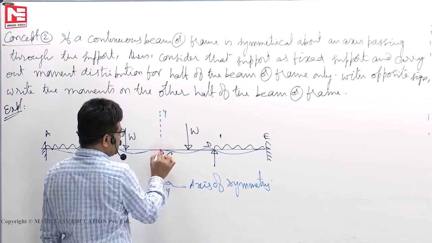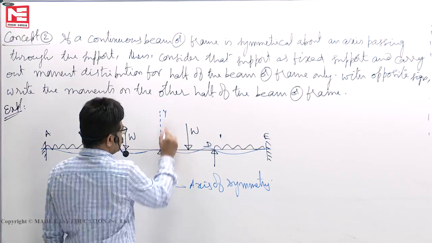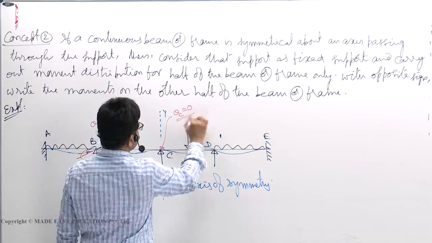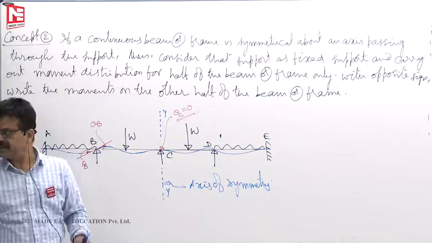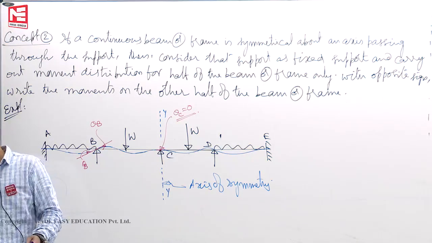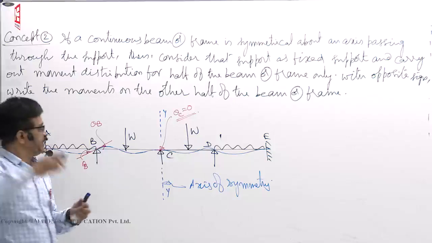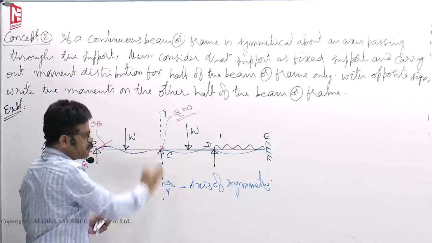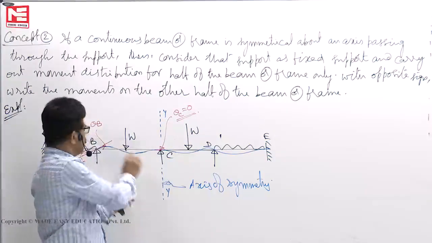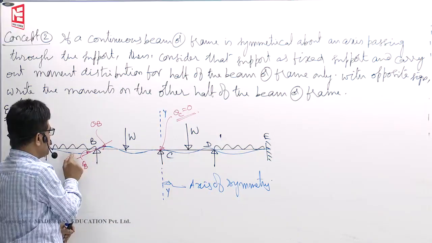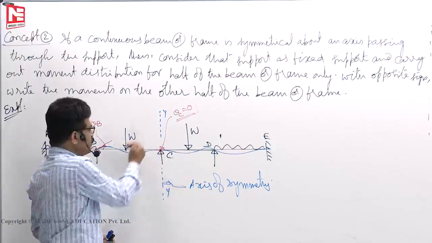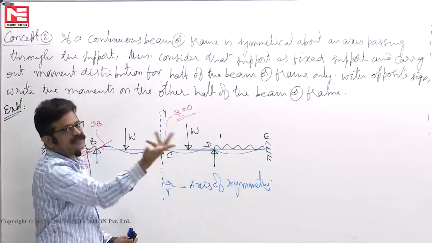But at this point, theta C must be 0. Supposing that if theta C is not 0, with respect to the axis of symmetry, I fold it, then this must sit on this one. If, when I fold it, one is downward, one is upward, then it will not be symmetrical.